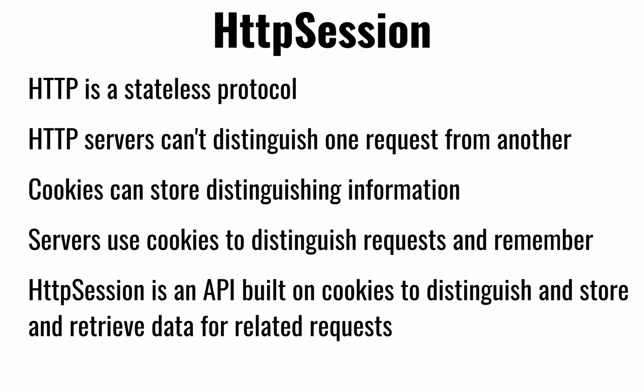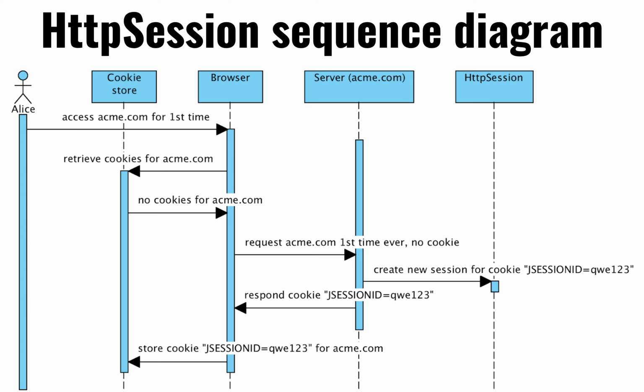So to solve this issue early on, they invented the use of cookies. They said, all right, let's have the browsers and servers agree that whenever a browser goes out to a server, say they want to go to acme.com, the browser is going to maintain a cookie store locally on the file system, only available to the browser.